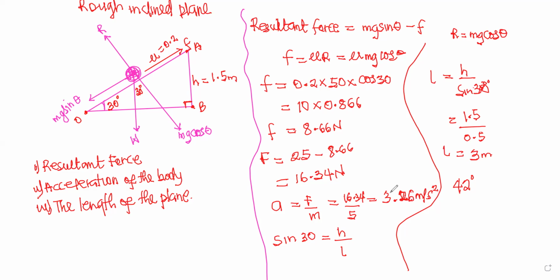B. If the body is pulled up the plane by a force of 20 Newton parallel to the plane, find B-I, the resultant force along the plane.